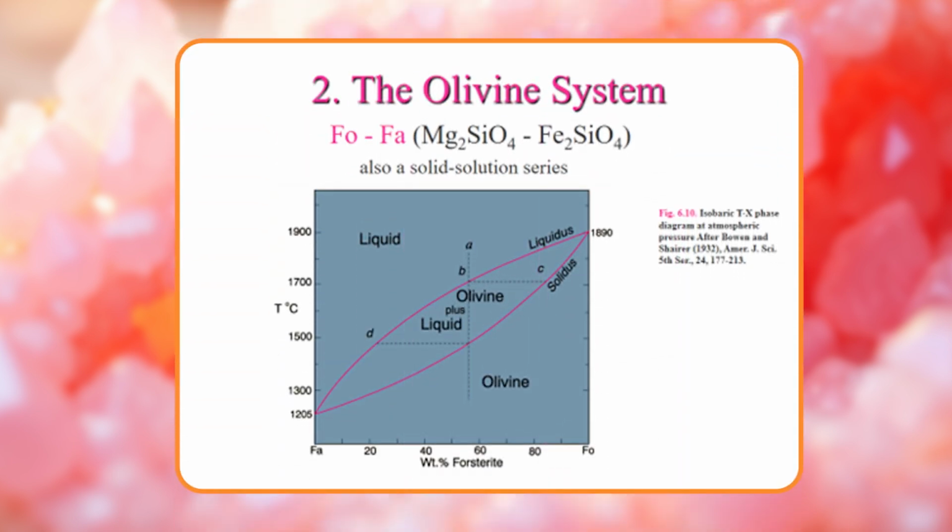The same thing I have shown here for the olivine system, where forsterite and fayalite are represented by Fo and Fa. Here Mg2SiO4 and Fe2SiO4 are there.